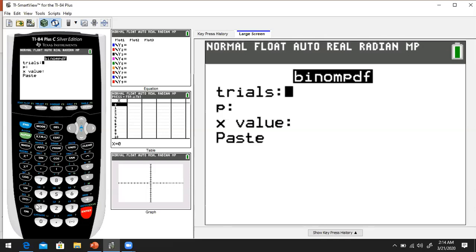We have 14 trials, and the probability for success is 0.68. Now we want exactly 6 successes. Now we're going to calculate.